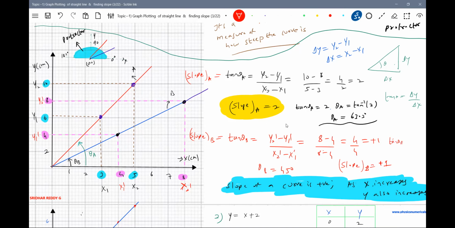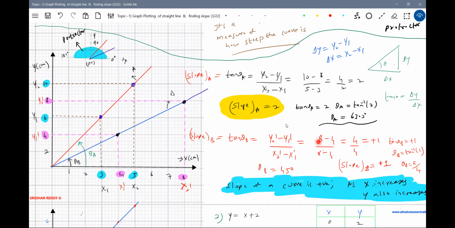Theta B equals tan inverse of 1. So what is the tan inverse of 1? It should be pi by 4, or 45 degrees. You can write either. So the straight line makes an angle of 45 degrees with the horizontal. So this is the graphical method.